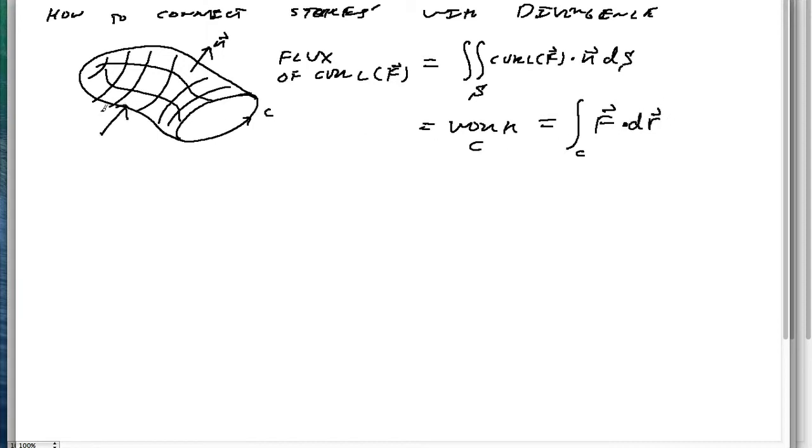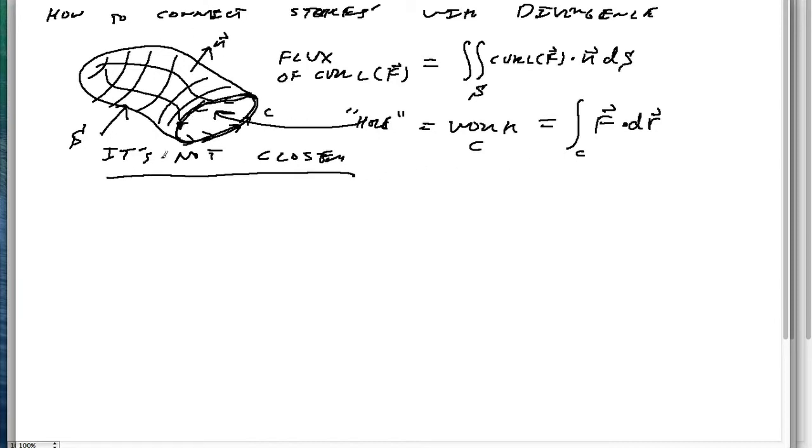So, of course, this surface is not closed. In fact, there's a hole that is kept open by this path integral around here. So we see that this surface over this region is only partial.